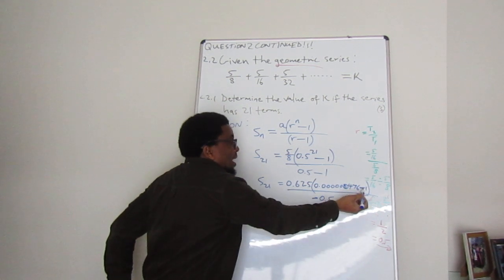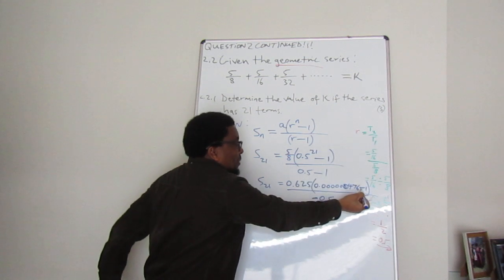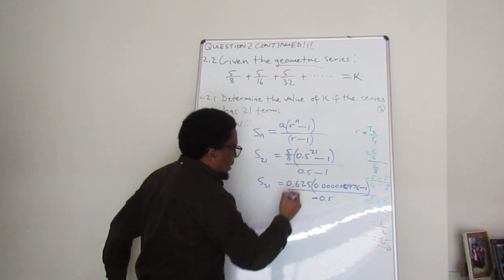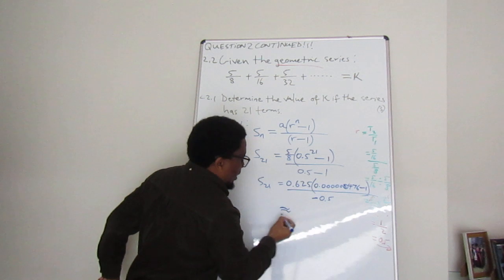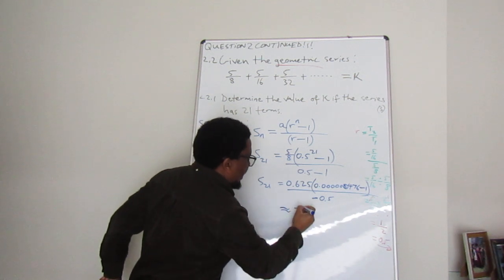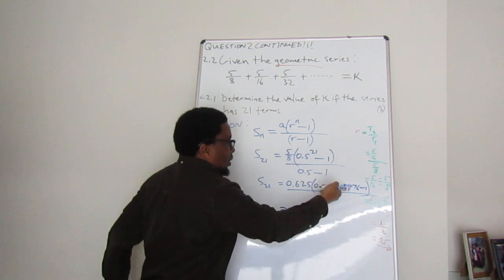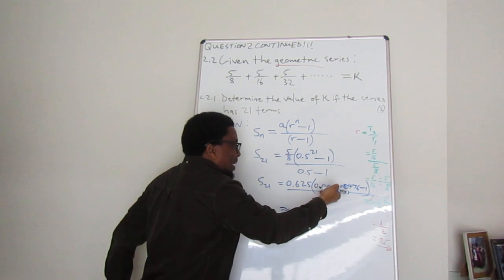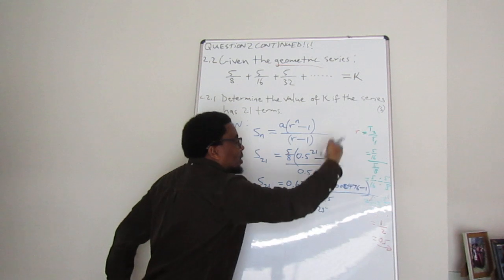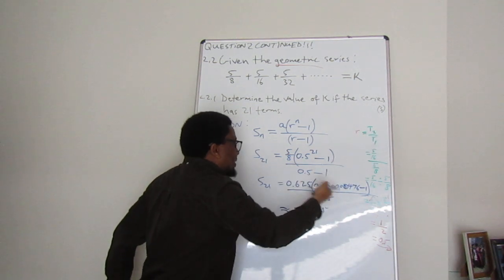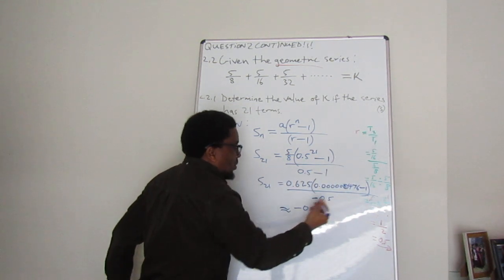It's approximately minus 1. Minus 1 times 0.625 will be negative 0.625.